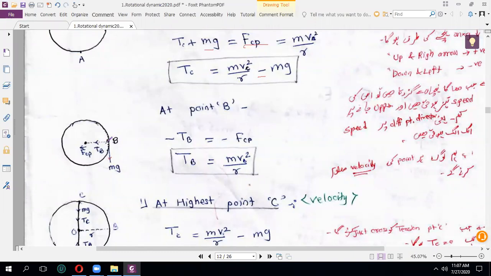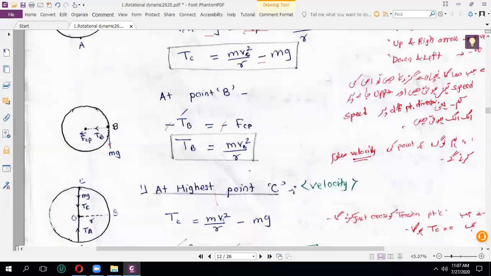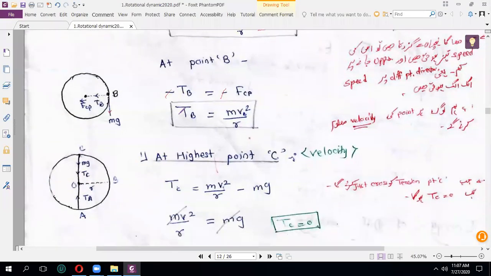So we are making the equation based on the x-axis, not the y-axis, correct? In the x-axis, the arrow represents the object is moving in the negative x direction. So we are representing the whole part by a negative sign. So minus TB is equal to minus FCB. So minus and minus is cancelled. What we are getting, TB is equal to mvB square upon r. So we have made all three tension equations. I hope you understand how we are calculating.